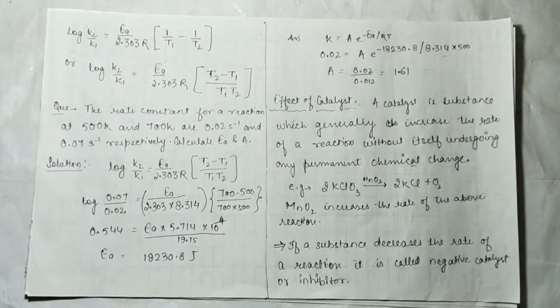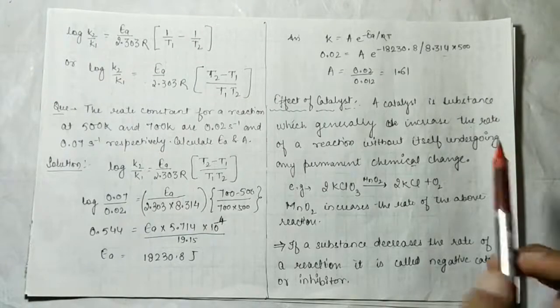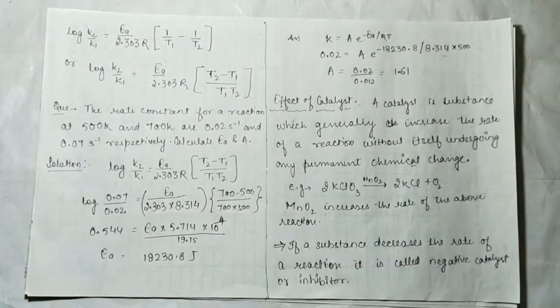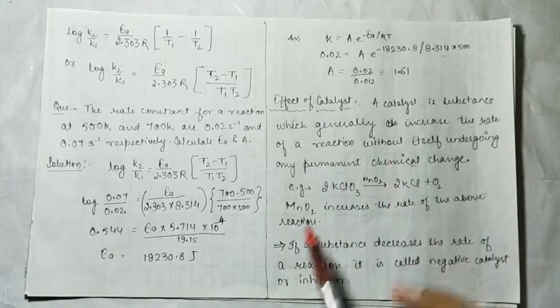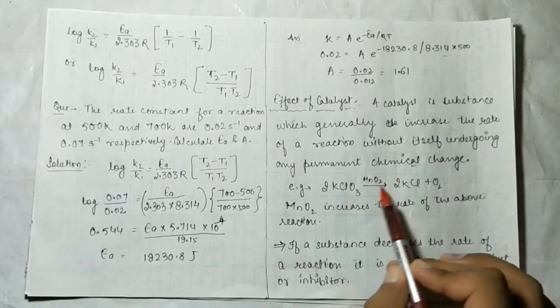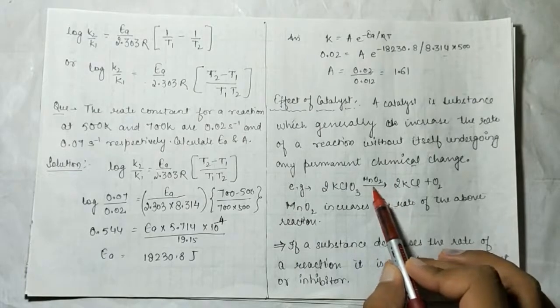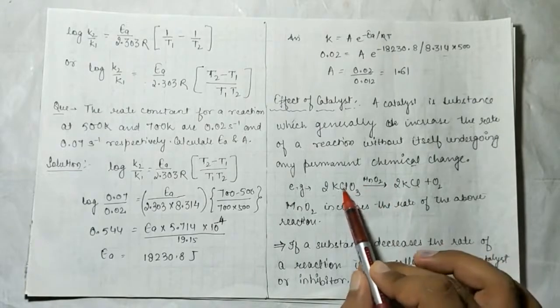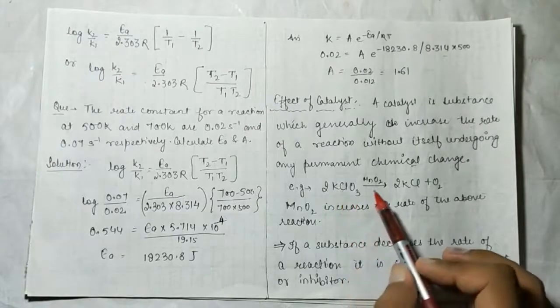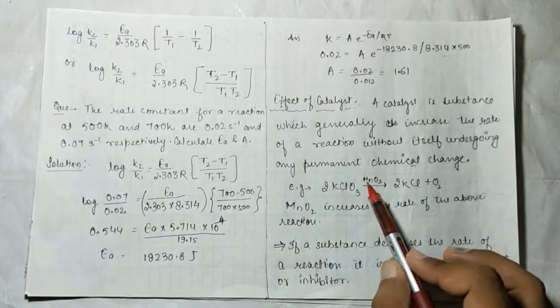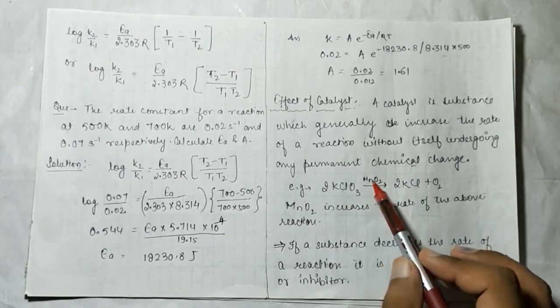Then after, the next topic is the effect of catalyst. A catalyst is a substance which generally increases the rate of a reaction without itself undergoing any permanent chemical change. Like this is a reaction in which MnO2 is a catalyst. MnO2 increases the rate of reaction, but it does not dissociate.